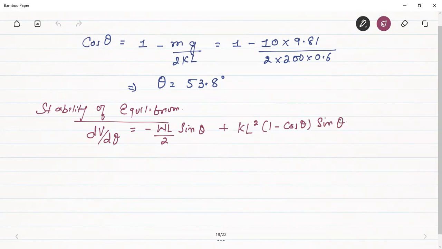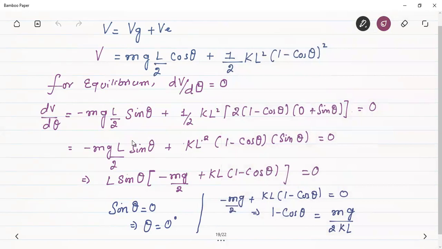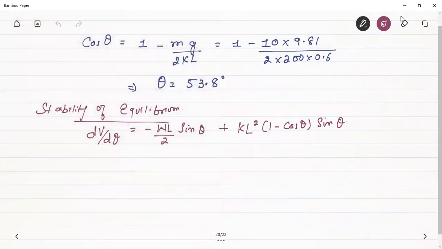Okay, so this is the equation which was here. mg I have written as the weight.